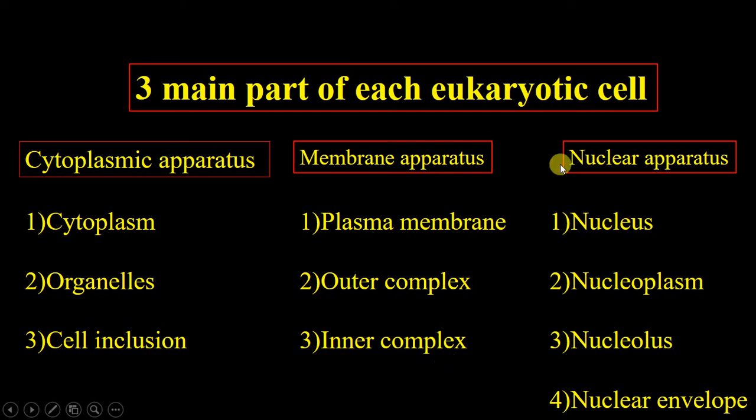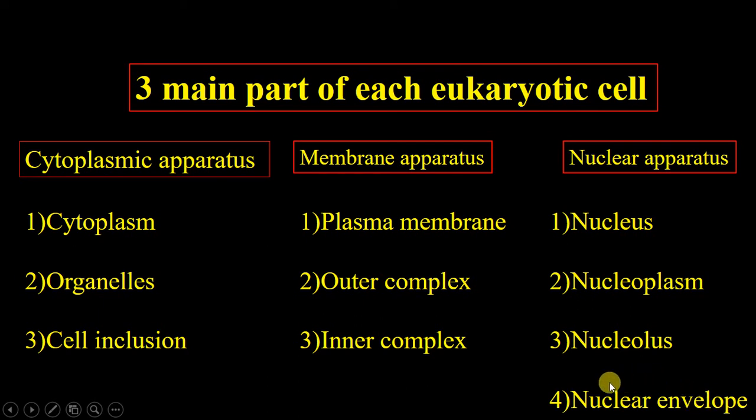The last part of the eukaryotic cell is the nuclear apparatus, which includes the nucleus, nuclear plasm, nucleolus, and nuclear envelope.